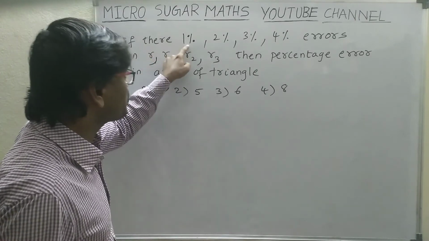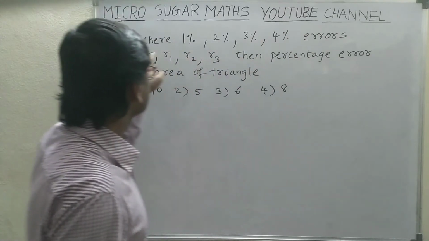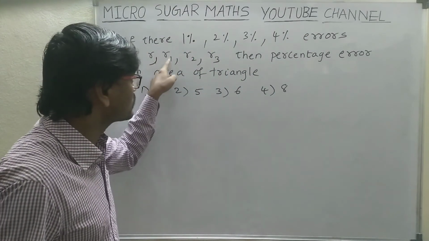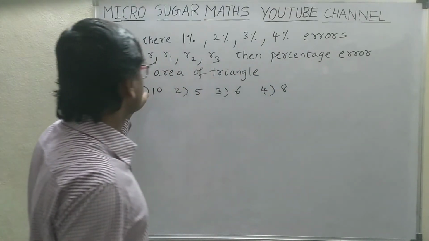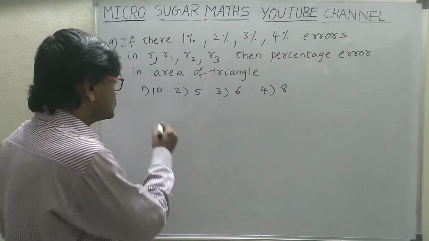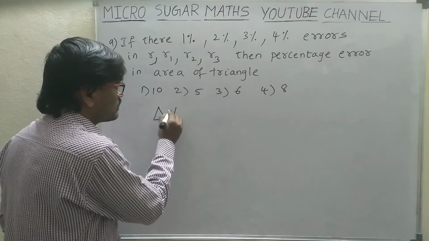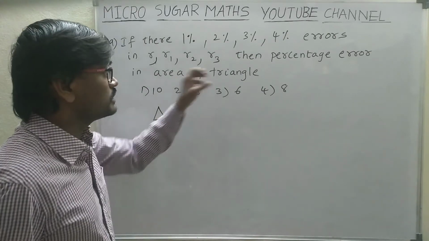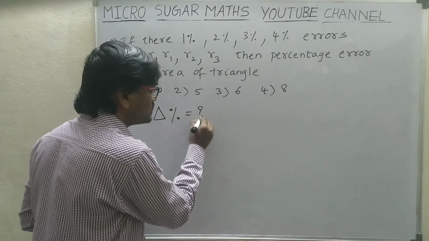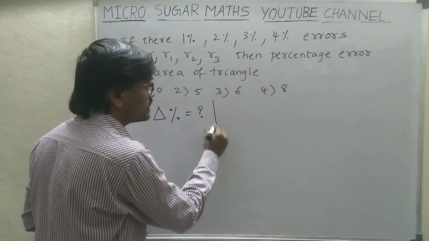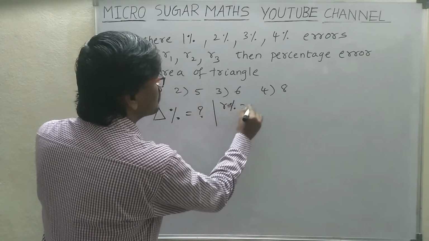Students, our next problem. If there are 1%, 2%, 3%, 4% errors in r, r1, r2, r3, then what is the percentage error in the area of the triangle? Students, let delta be the area of the triangle. The percentage error in area is denoted by delta percentage. Then we need this delta percentage. It is given that the r percentage value is 1.